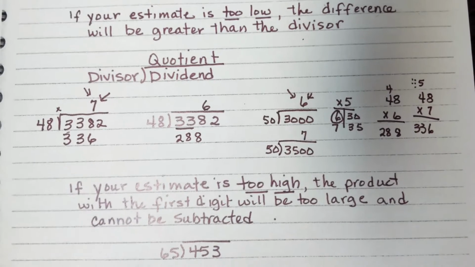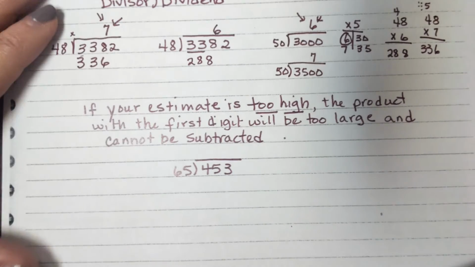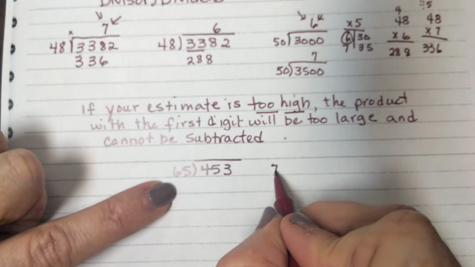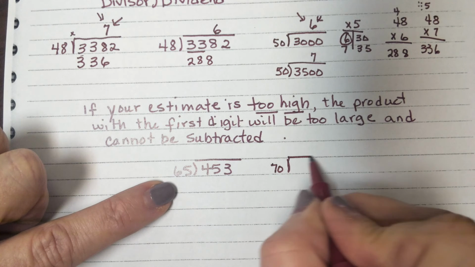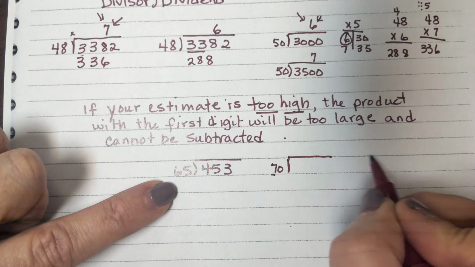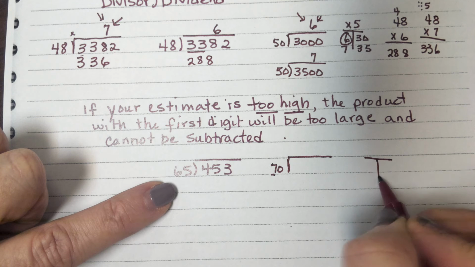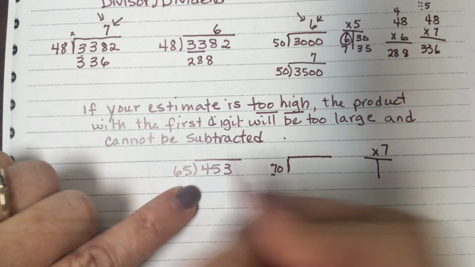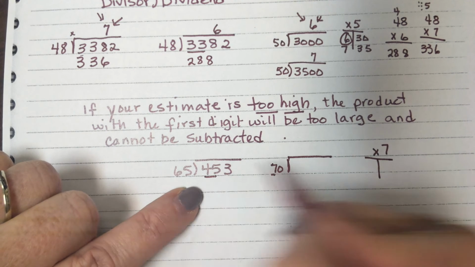But what happens if your estimate is too high? Well, let's look at this number. Okay, so I'm going to round 65 to 70. And you already know where I'm going with this. I'm going to use my sevens times tables. Remember, these are friendly numbers, compatible numbers, numbers easy to work with. So I want to get close to 45.